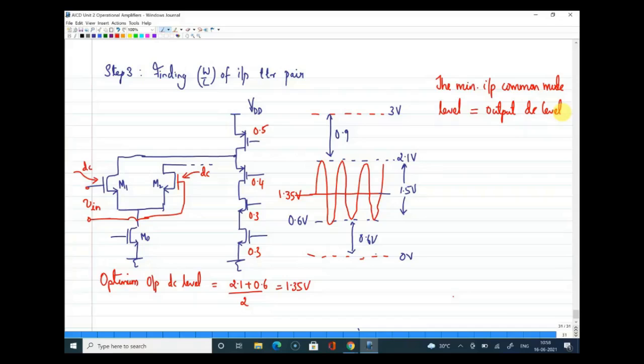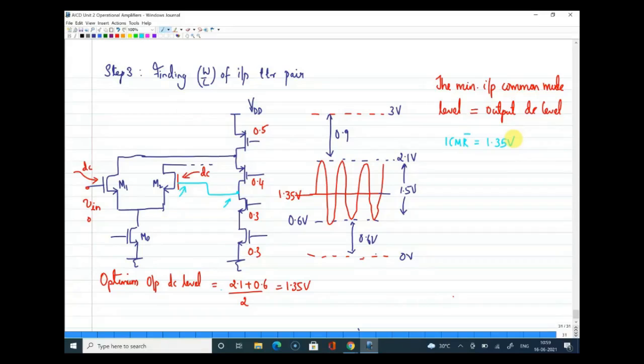At least for this part of the operation, when I use a folded cascode op-amp, I have the option to short output to input. This is the output point, and I can connect directly from output to input. If I do that, the input common mode level will be equal to the output DC level, or I can take ICMR minus as equal to 1.35 from this example. Is this clear? Is this clear what I am doing now?